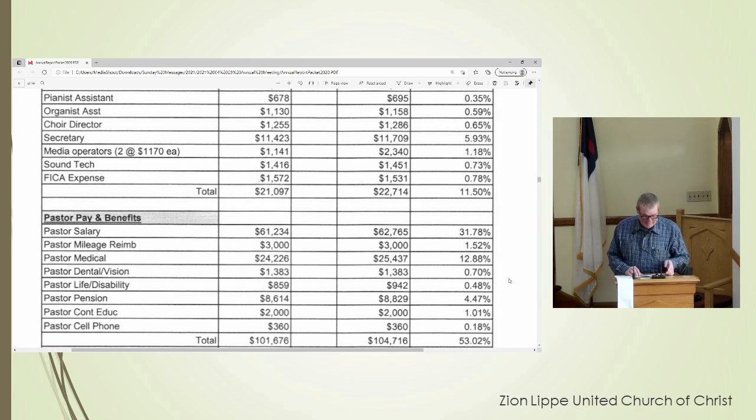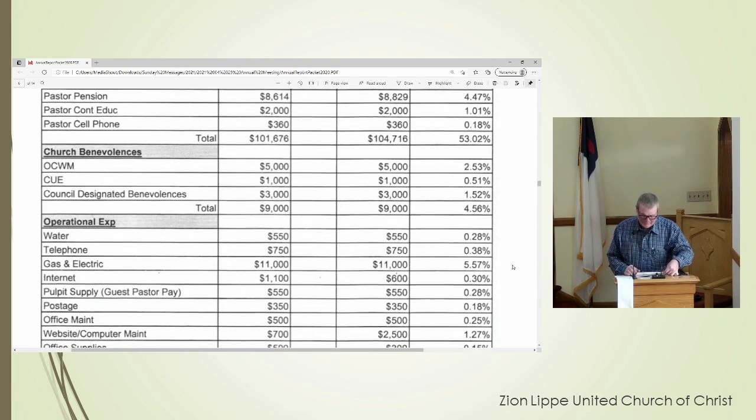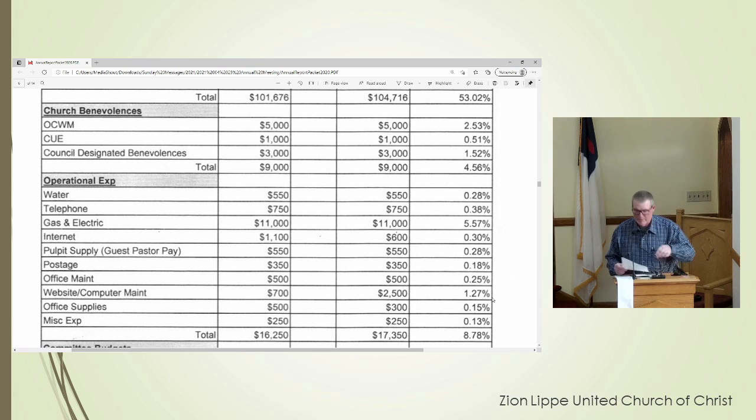The website and computer maintenance is probably the next item. We made that $2,500 because of the increase in our website things. Adding that up, there is a domain fee of $20, web hosting $288, blog and audio $50, texting service $450, maintenance and security $1,000 for the year.